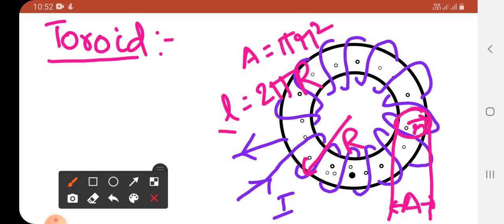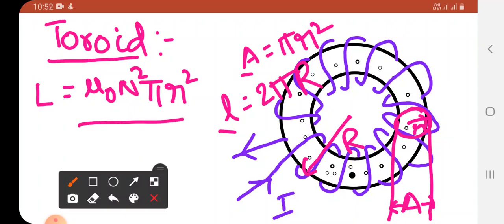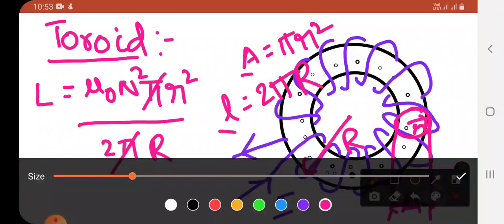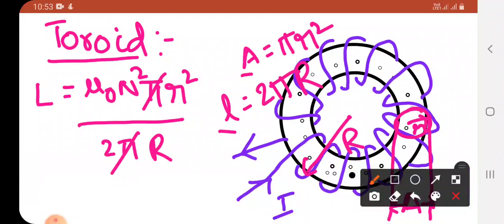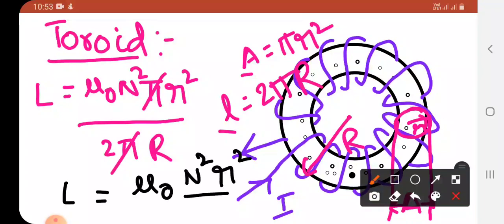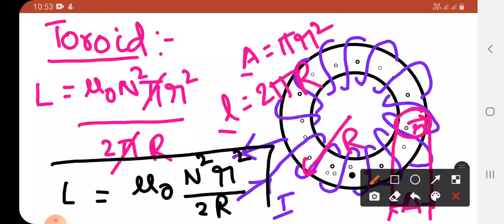Now we know L and A. According to the previous discussion, the self-inductance of the solenoid is L equal to mu naught N square A by L, where A is pi r square and L is 2 pi R. Pi gets cancelled. Therefore, the self-inductance of the toroid is L equal to mu naught N square r square by 2R.